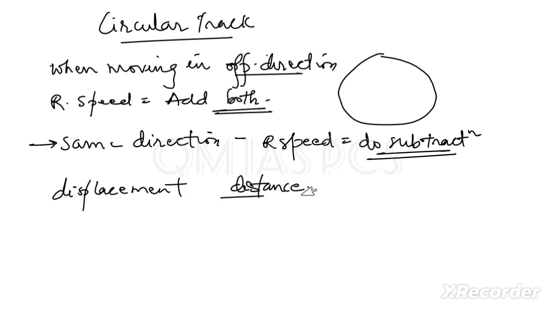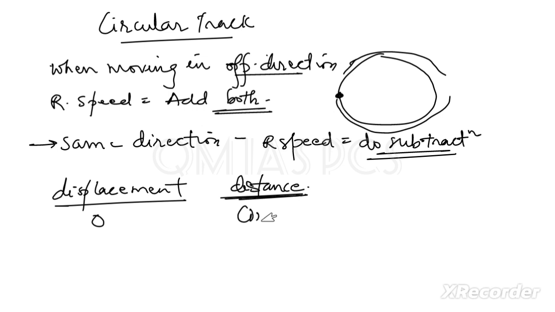If one person is here and does one complete round from this point, then displacement will be 0, but the distance will be the length of this path, that is the circumference.